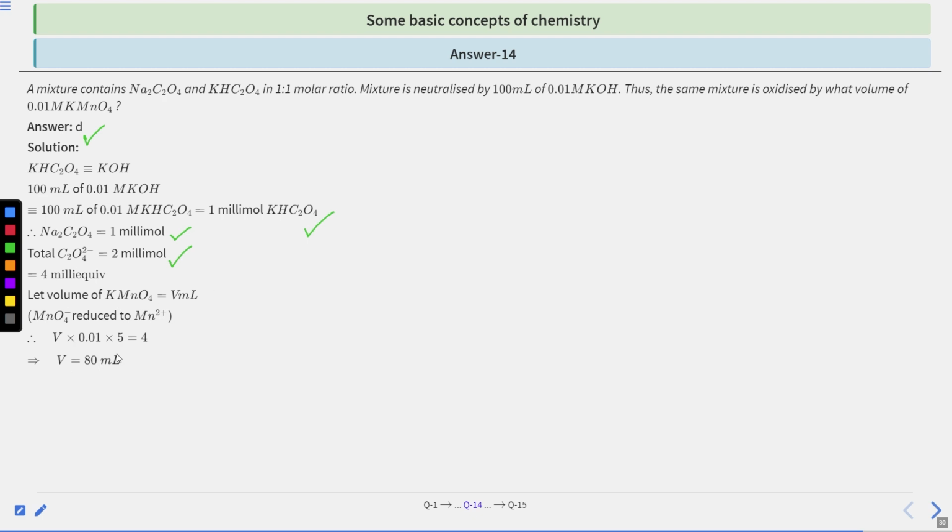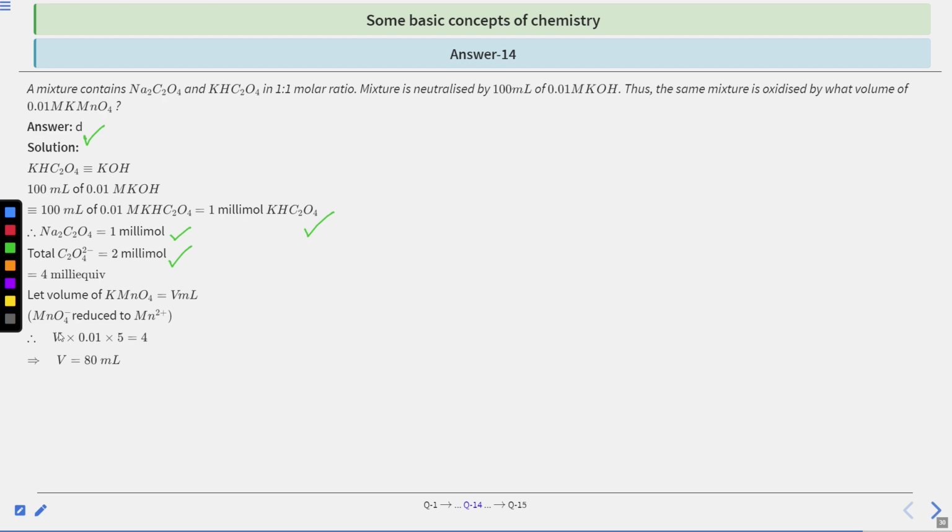So by equating the equivalents of both the compounds, we write this equation: N1V1 is equal to N2V2, right? The equivalents of KMnO4 will be equal to the equivalents of C2O4, because C2O4 will react with the KMnO4.